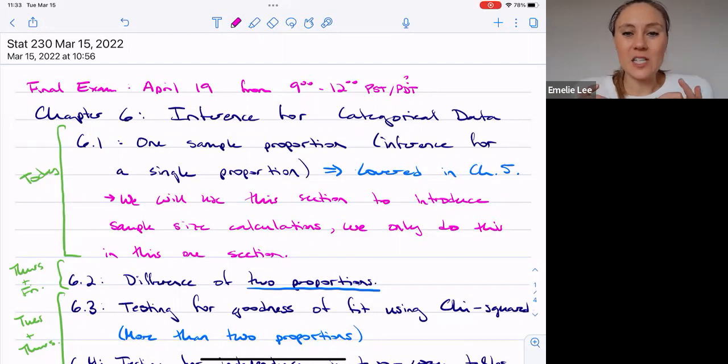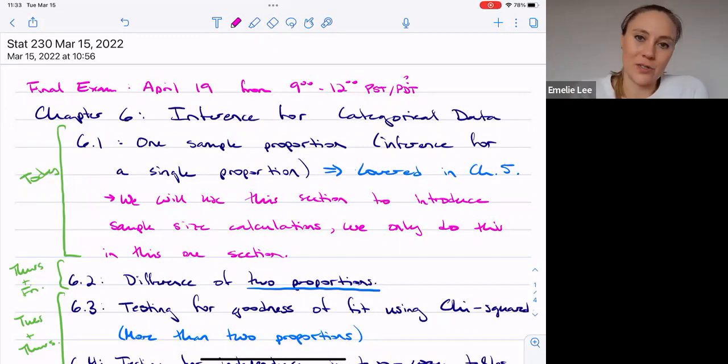And despite what it says on the final exam schedule, because I know there's going to be a lot of worries about it, it is going to be online. You'll be able to write it in that room with me, but there's another class in there as well, so kind of crowded, I think. Because so many of you are not here yet, we're going to do it online. So it's going to be an online final exam.